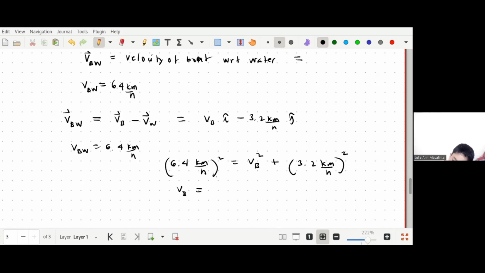This is 5.54 kilometers per hour, or about 5.5 kilometers per hour. So I got the speed.